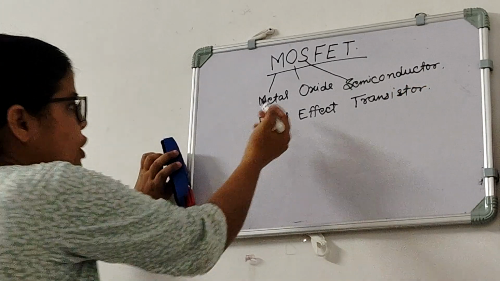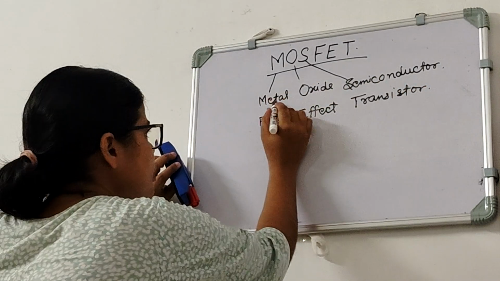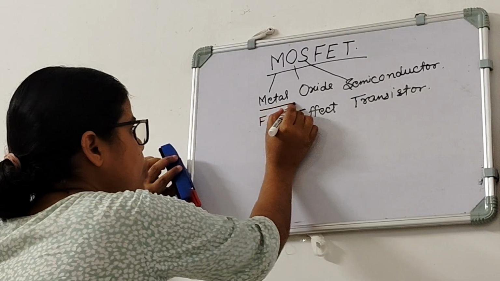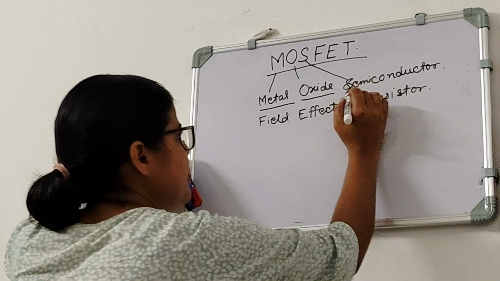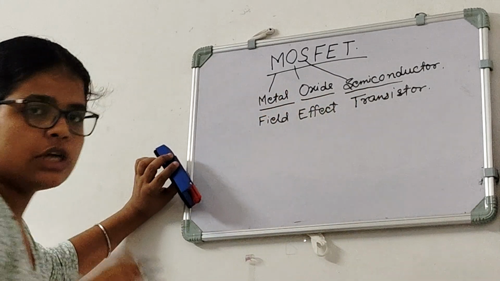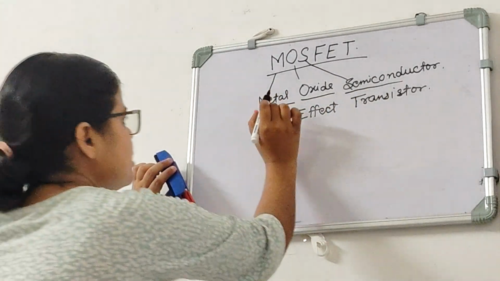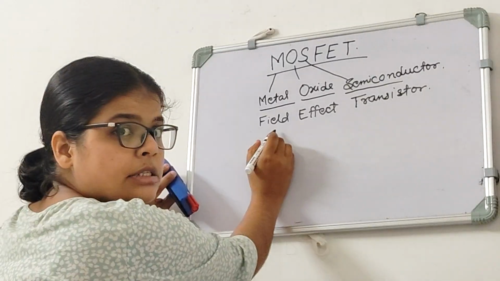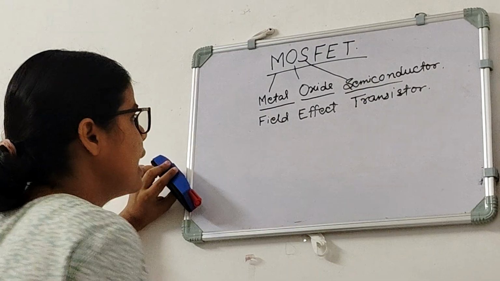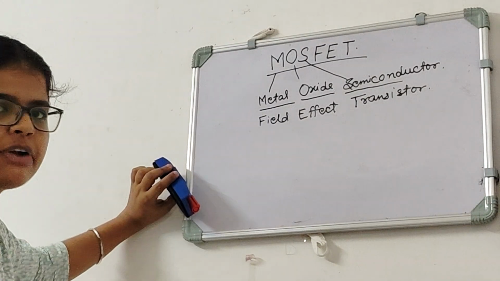So metal oxide semiconductor. This is because we use a metal layer, we use an oxide layer, and we use a semiconductor layer in the structure of MOSFET. That's why it is named metal oxide semiconductor. But why is it named field effect transistor?